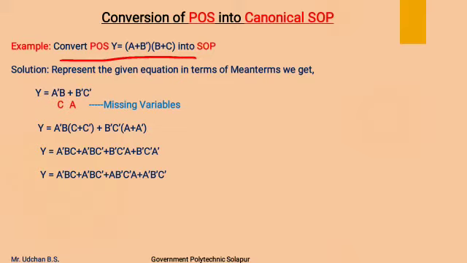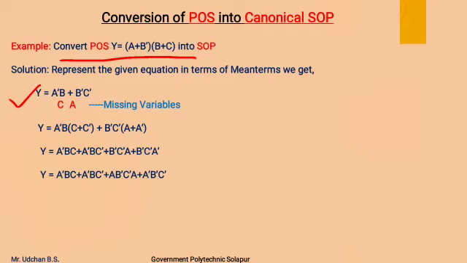But to get SOP, we have to write the given equation in the form of min terms by using duality theorem. So the given equation will become in the form of min terms as y is equal to a plus b bar is written as a bar into b, plus b plus c is written as b bar into c bar.